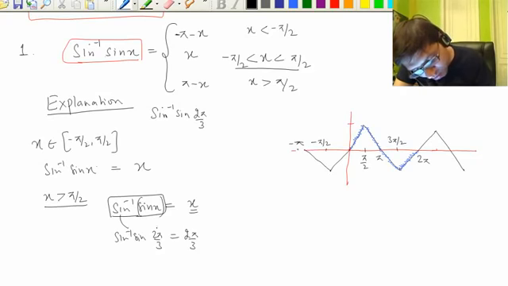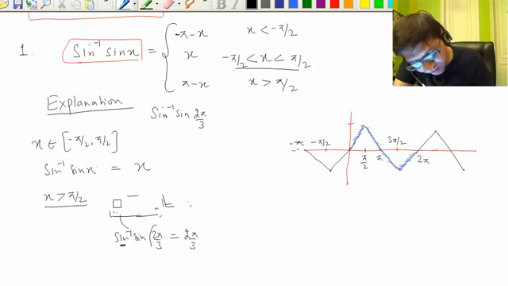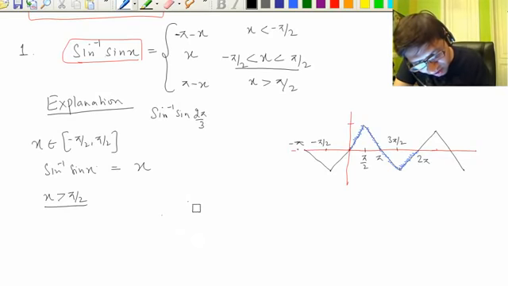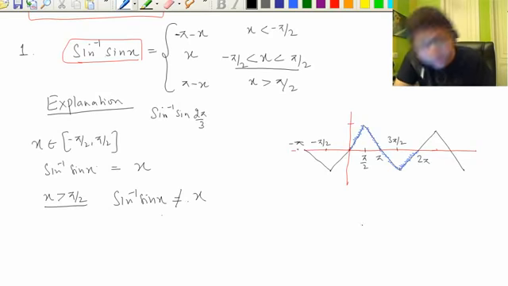Why? Because this 2 pi by 3 does not lie in the principal value branch of sine inverse. Then how can sine inverse throw an output which is 2 pi by 3? So that's why we need to adjust the output. The answer is not 2 pi by 3. So for x greater than pi by 2, it is not possible to cancel sine inverse with sine and say it is equal to x.